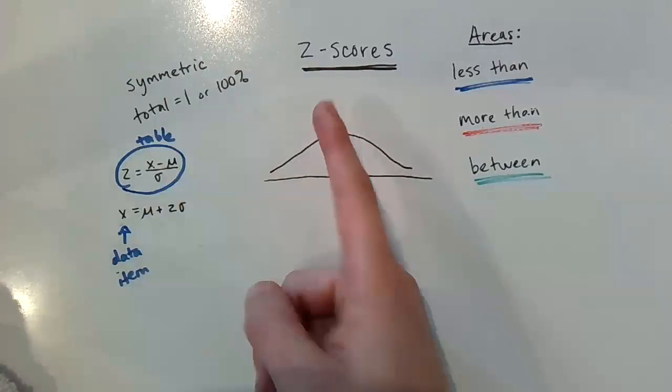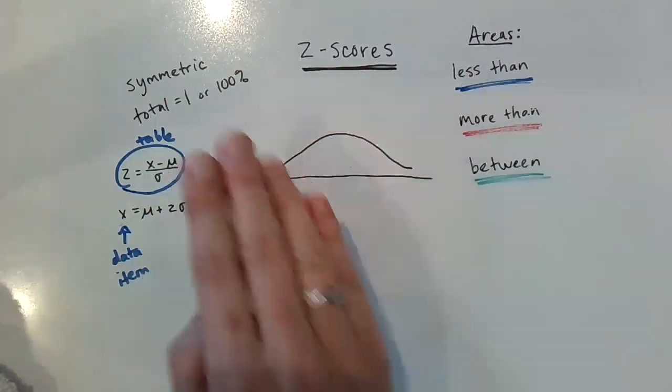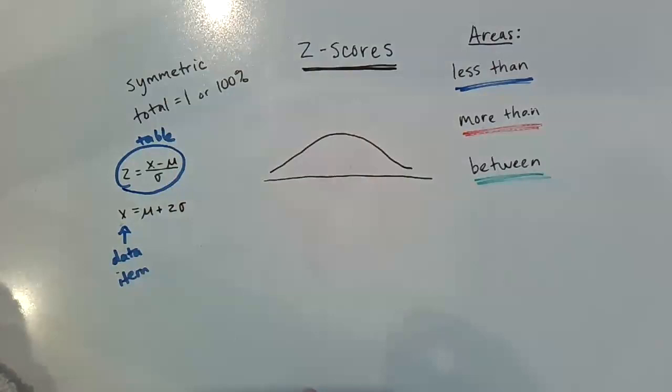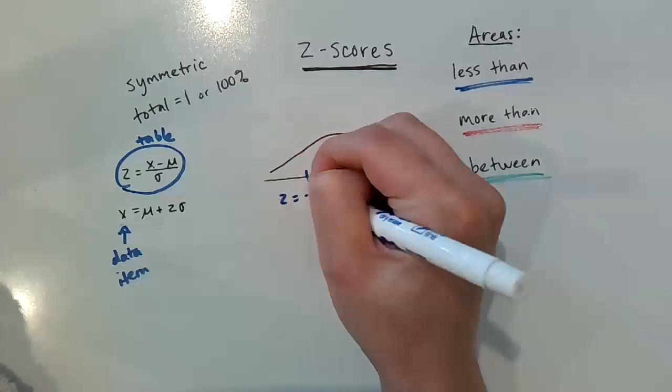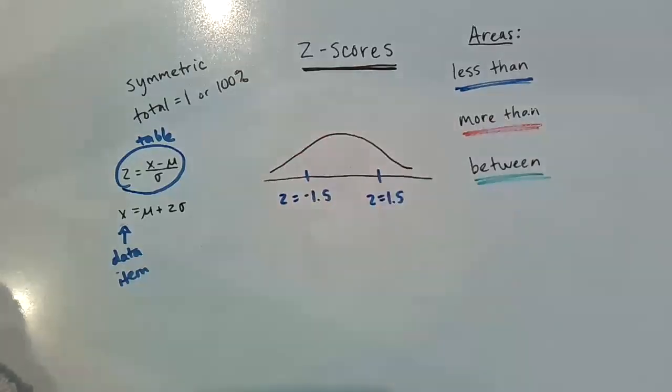I do want to talk a little bit more about symmetric when it comes to z-scores and your tables. So let's say we have a z-score of negative 1.5, okay? I'm going to go ahead and look that up in my tables.